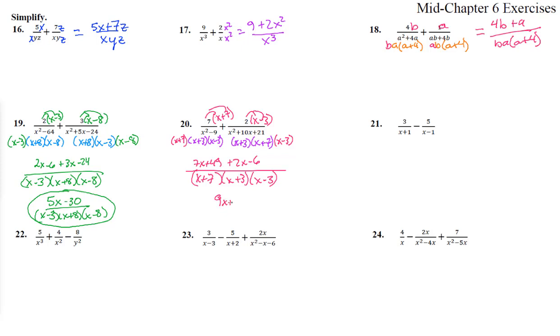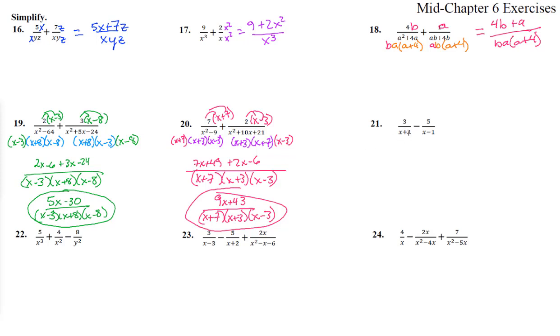Is that right? Yeah. And we can look and see if this guy factors to cancel with anything that's left on the bottom, but it looks like the 9 and the 43 don't have anything in common, so we're kind of stuck right there. Interesting, addition of fractions. All right, number 21.